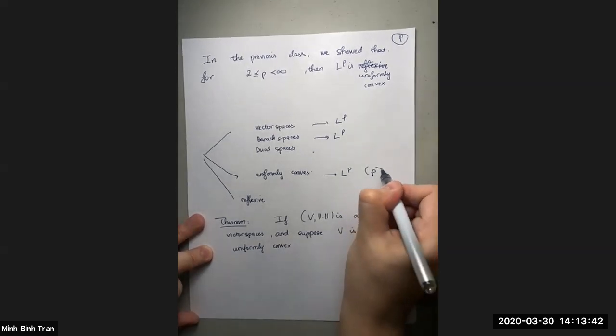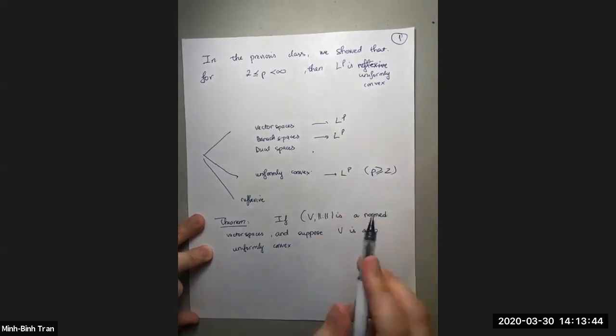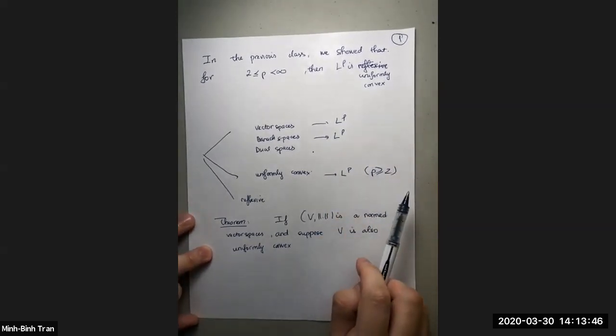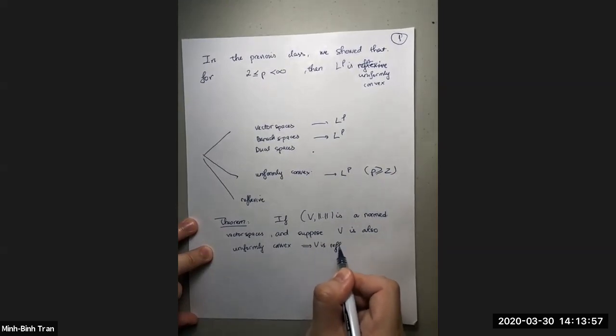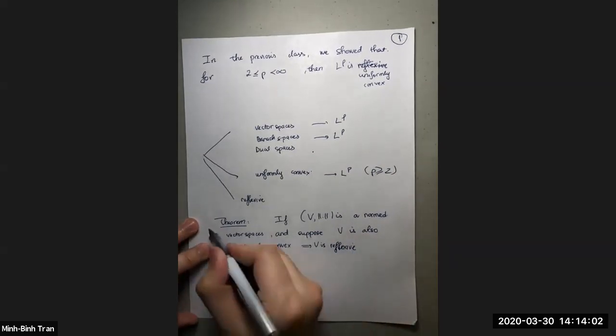So this is true for p bigger than or equal to 2 because the Clarkson inequality is true for p bigger than or equal to 2, right? So if V is uniformly convex, then V is reflexive. Right, so this is the theorem.